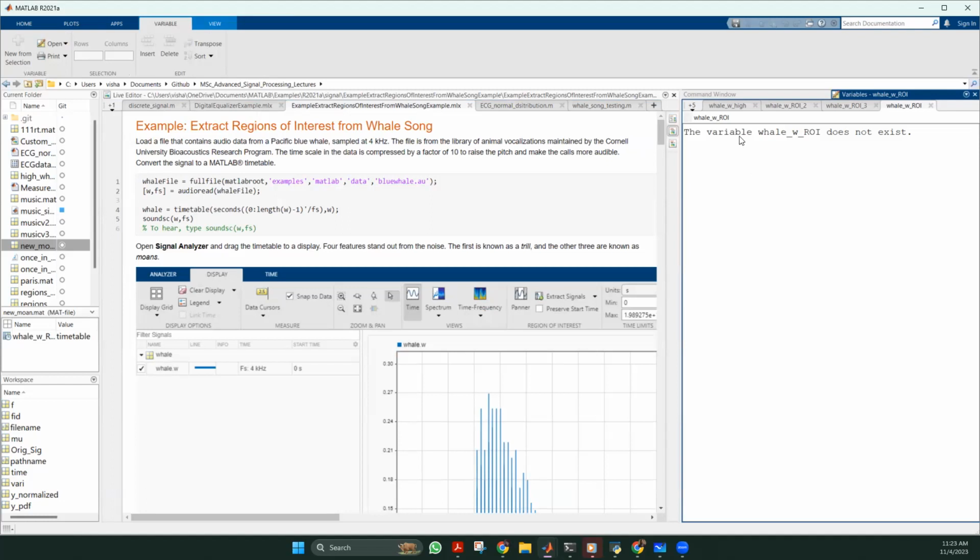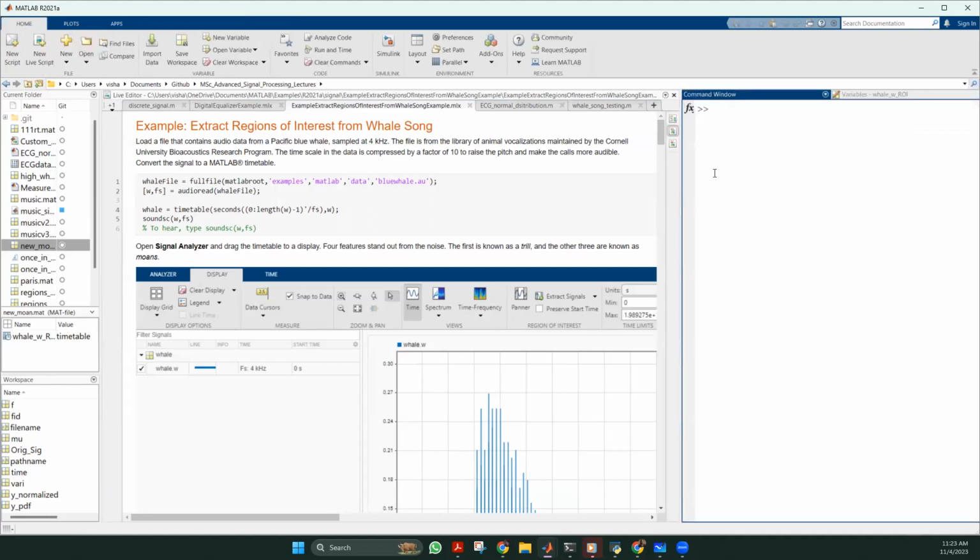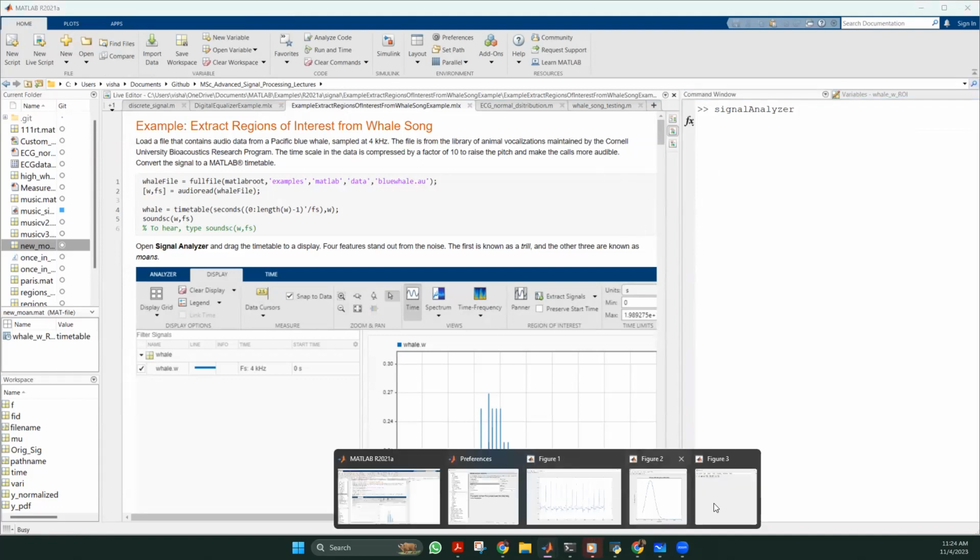First and foremost, when you want to go to the signal analyzer, you can type signal analyzer in the command window, or else you can select the signal analyzer app, and you can get the window.